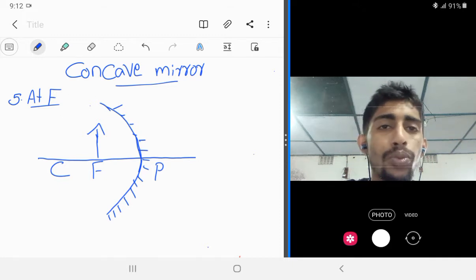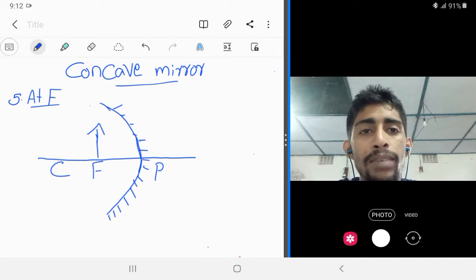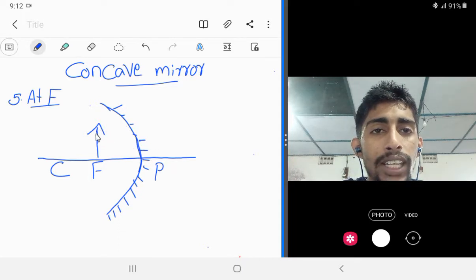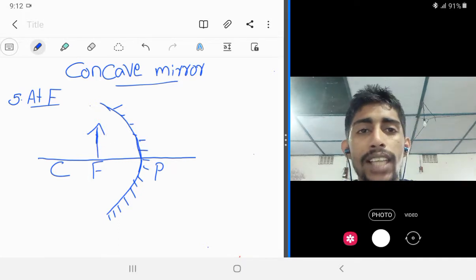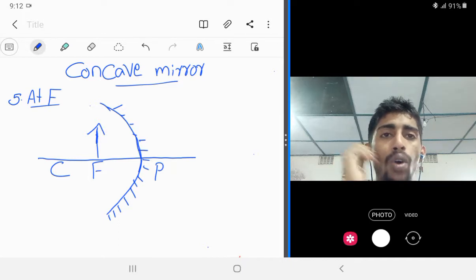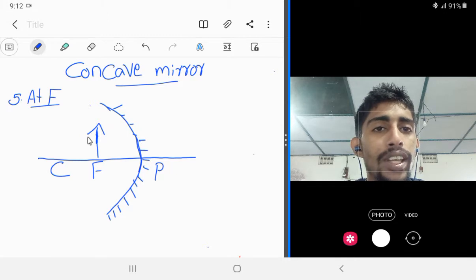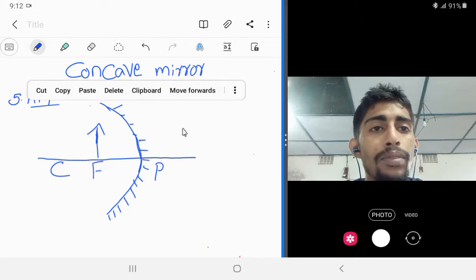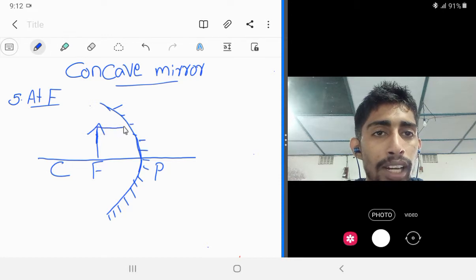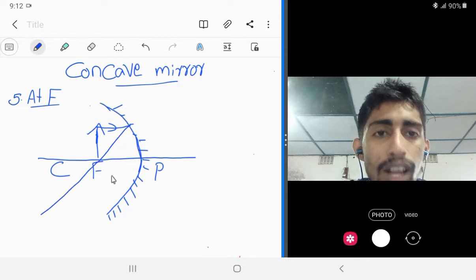So next one which we are going to study is when the object is at the principal focus of a concave mirror, you can see here. We know that the light ray which is parallel to the principal axis, after reflection, will pass through the principal focus.